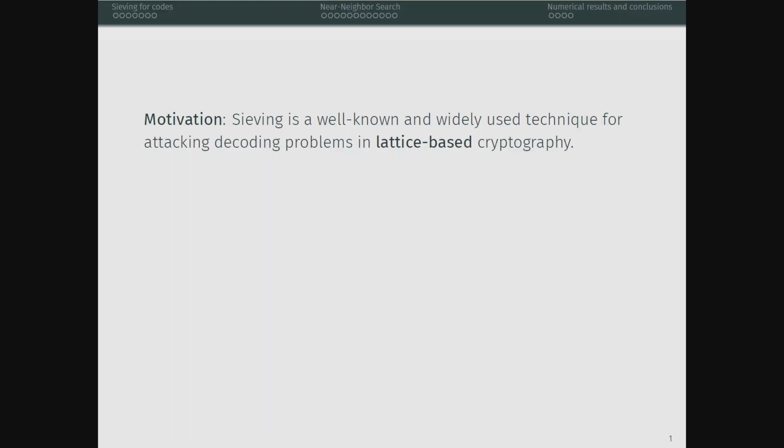I would like to start with the motivation for this work, which comes from the lattice-based world, in which sieving is a very well-known technique, state-of-the-art for attacking lattice-based problems, decoding problems in lattice-based cryptography. A natural question occurs: how well do these techniques perform in the code-based setting, in which you also have decoding problems of quite similar flavor?